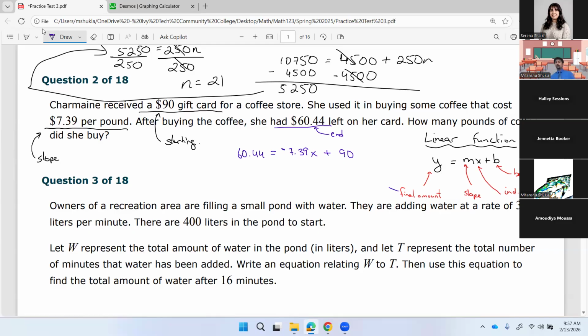And it'll make sense as to why it should be negative. They're asking how many pounds of coffee she bought, so X has to represent pounds of coffee, right? If I know that Y is my balance left on my card, then X has to represent the pounds of coffee that I buy. So, how am I going to get X all by itself? Any ideas?